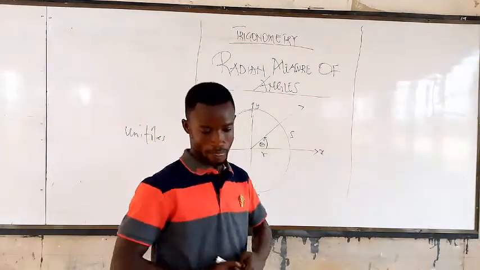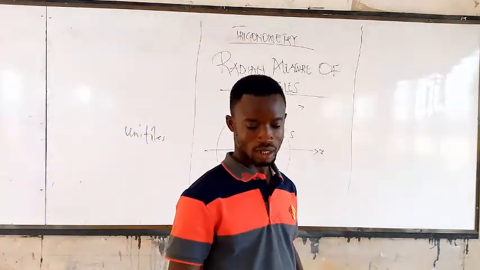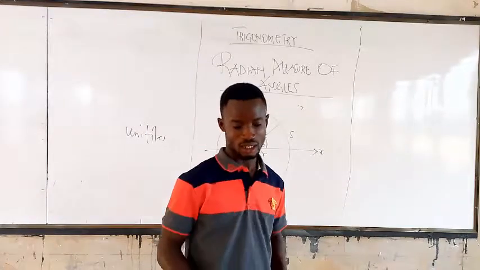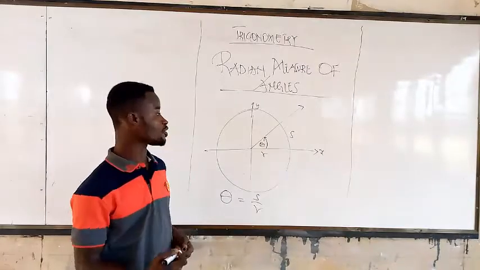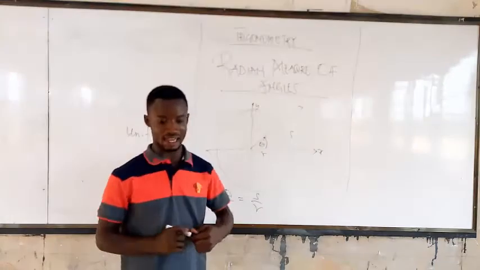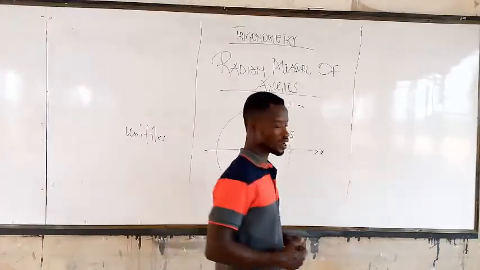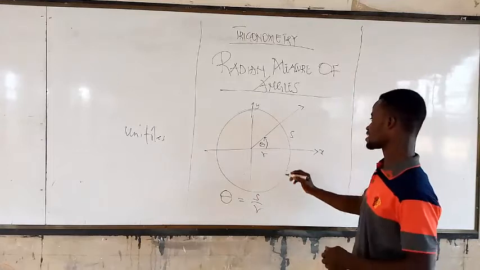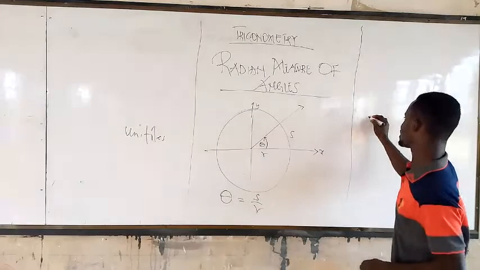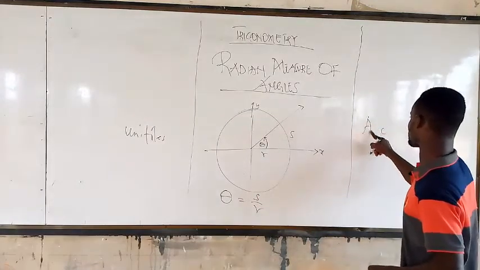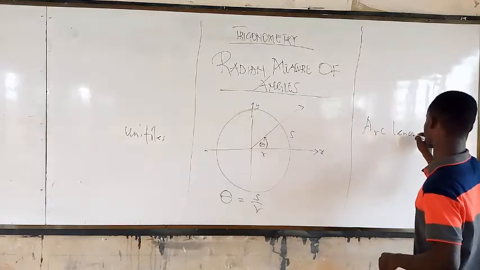Alright, so what formula can we use to represent an arc length?